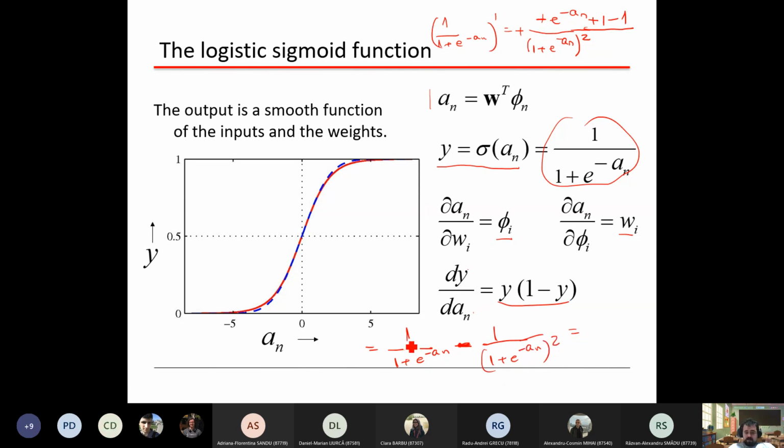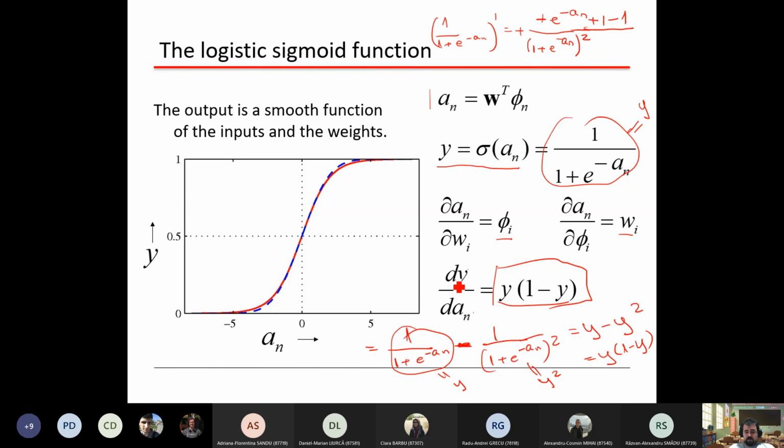So this one is y, okay? As you can see here, this is y, and it means that this one is y squared. So equals y minus y squared, which is y multiplied by 1 minus y. And this is the formula from here. And now we have all the derivatives.